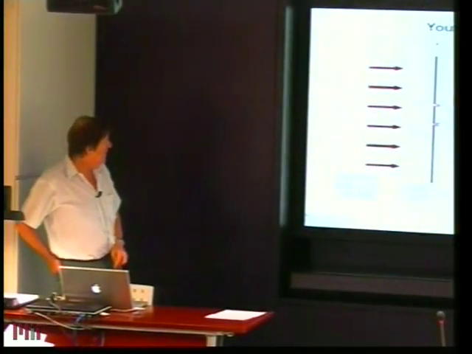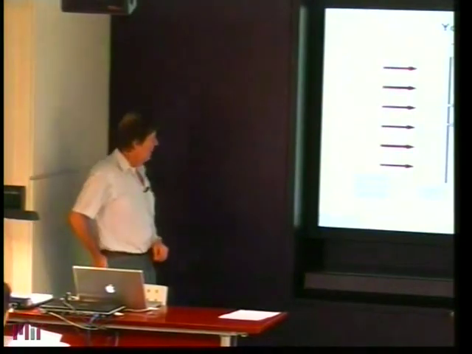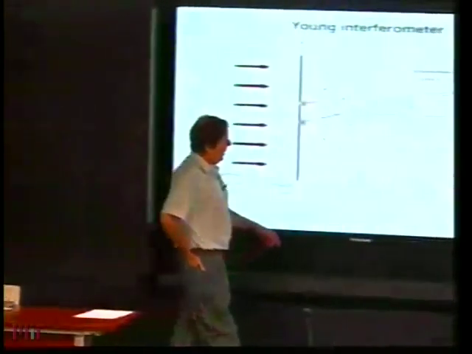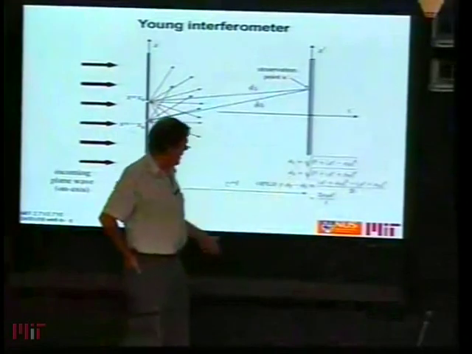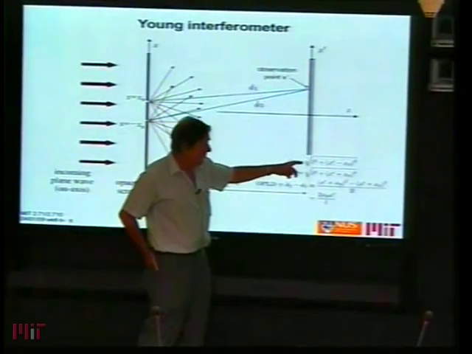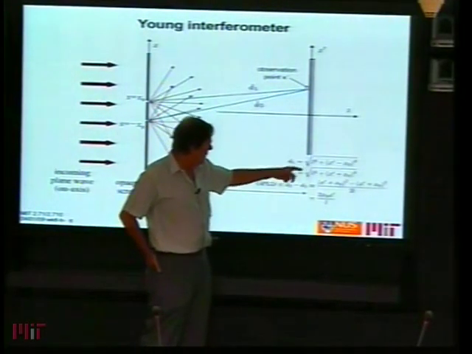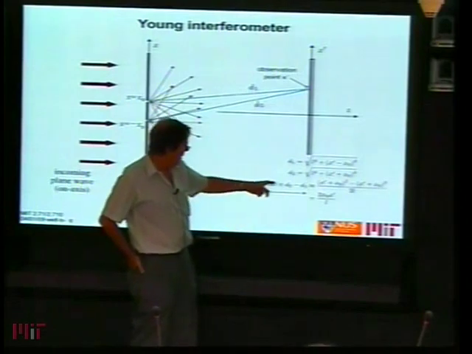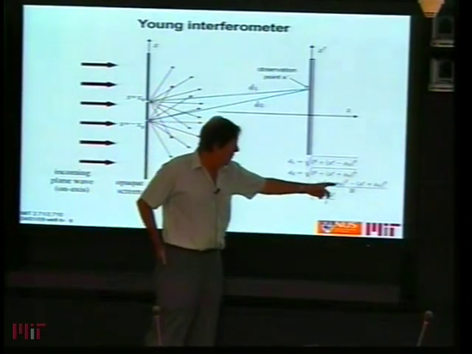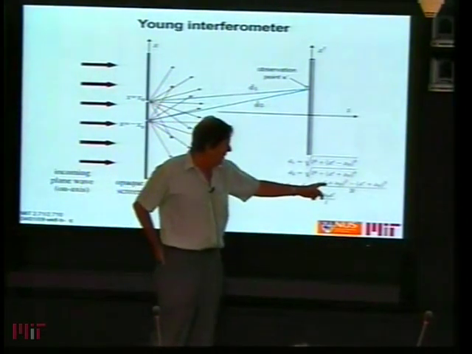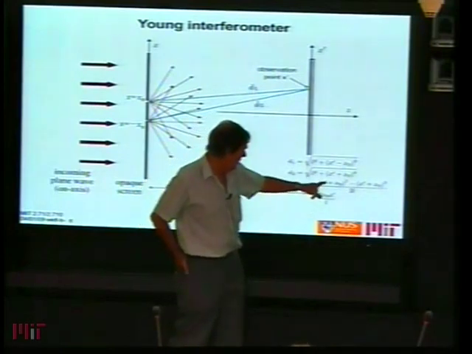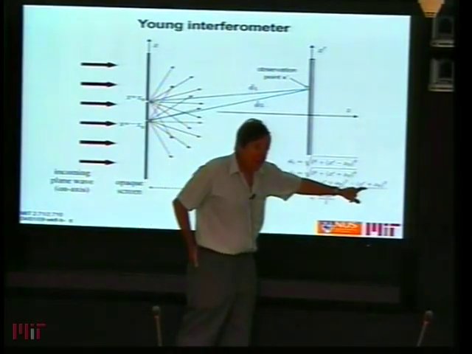So there they are. There are the distances D1 and D2. These are the expressions for those. And again, we can use this Fresnel approximation to expand the square root. And then D2 minus D1 is going to be this minus this. You can see the only difference is a sign there, George.